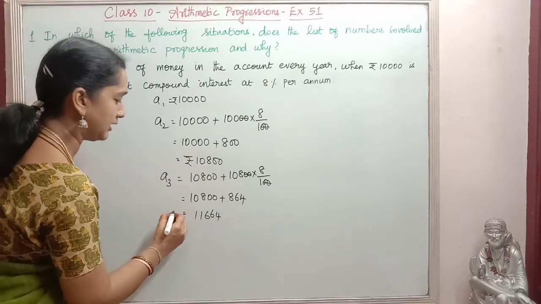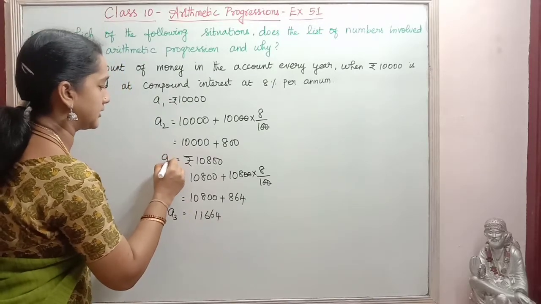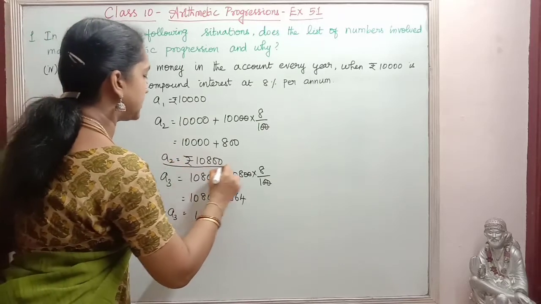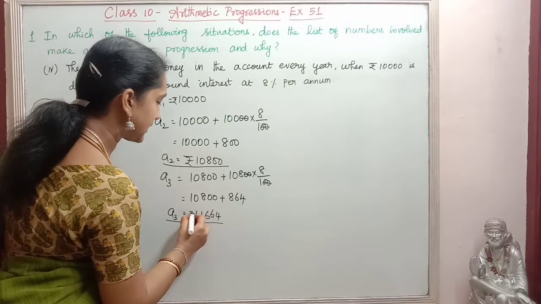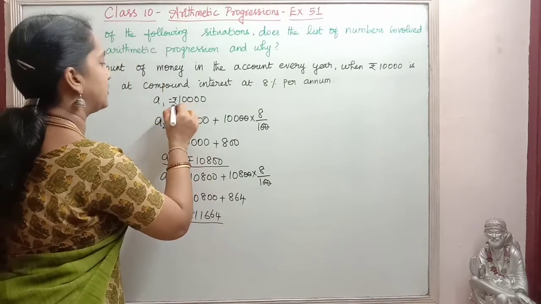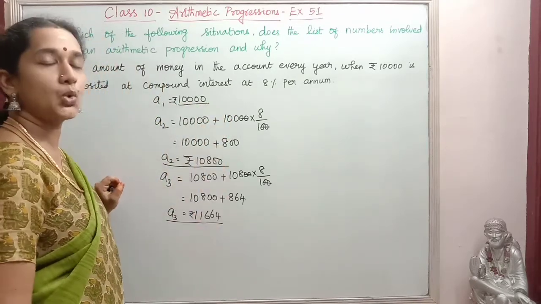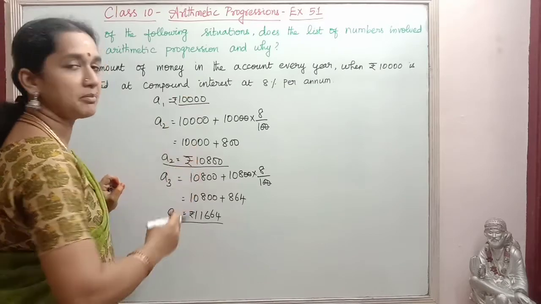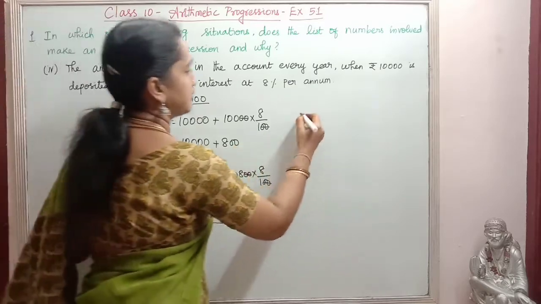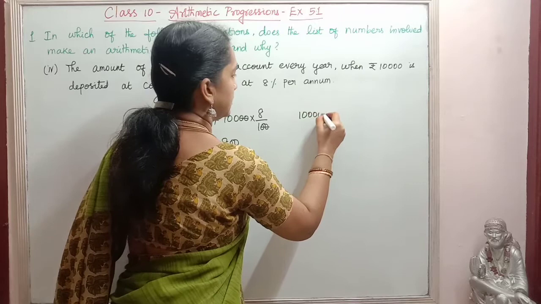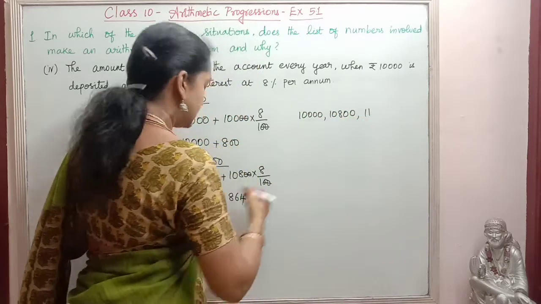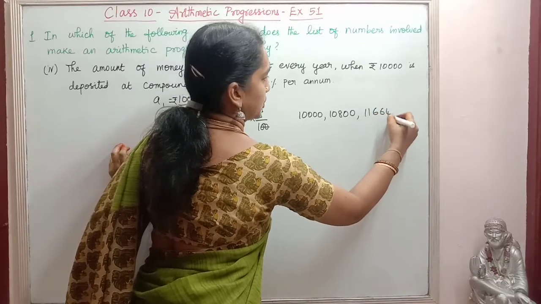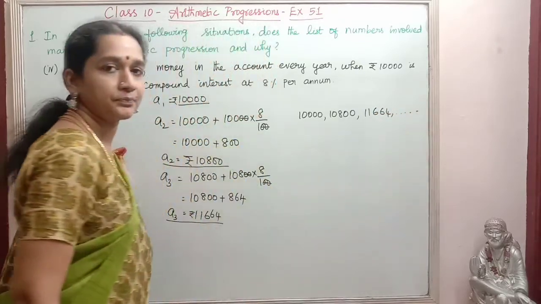So this will be for the third year. So A2 is 10,800, A3 is 11,664, and the first year is 10,000. Now we have to check whether these three numbers are in AP. So the numbers are 10,000, 10,800 and 11,664. So like this it will be going.